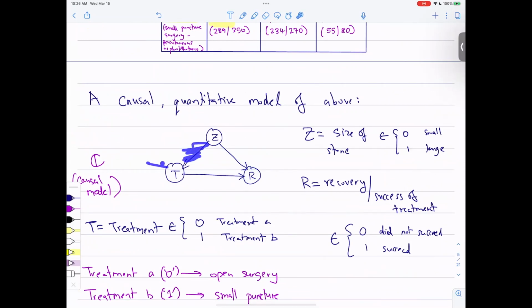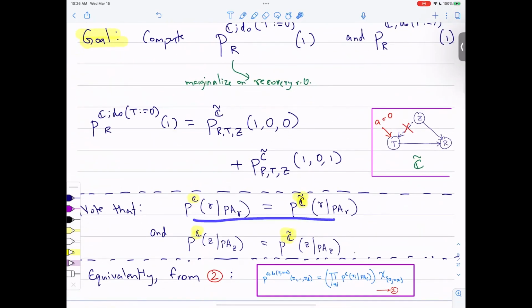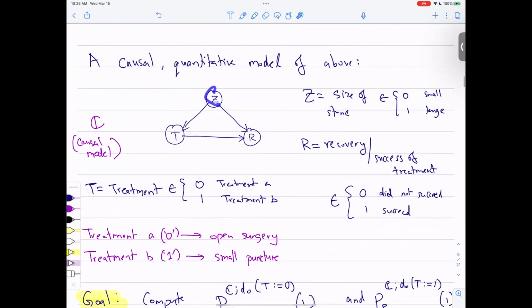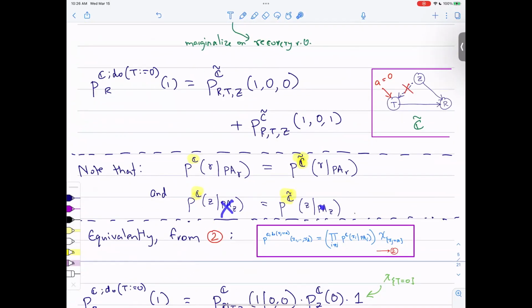In the new world, this link is gone, but as far as this is concerned, this conditional distribution hasn't changed. So this is exactly the same. And again, this is the same for Z. It has no parents, so this is trivial. The marginal on Z in the old world and the marginal on Z in the new world are exactly the same. These are the 2 things which we have.